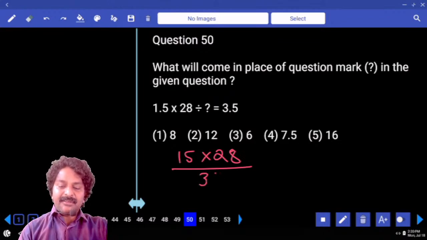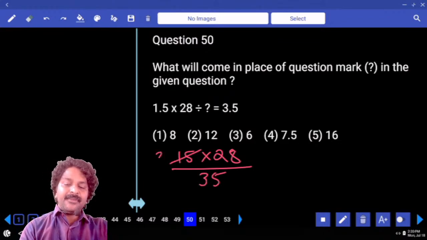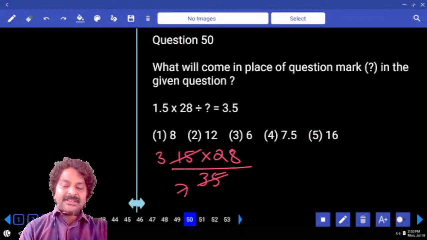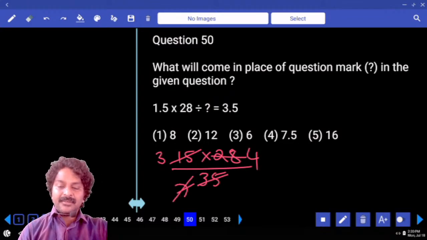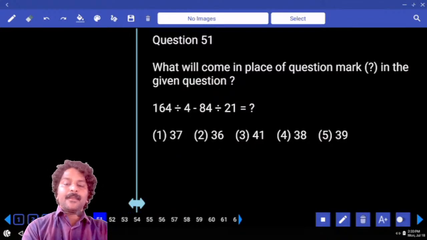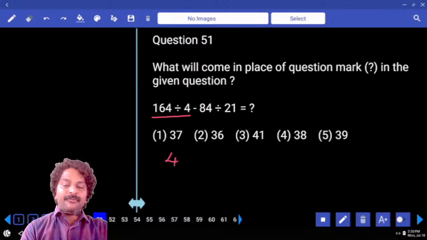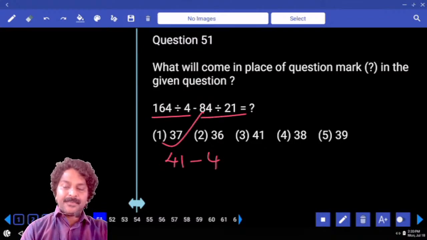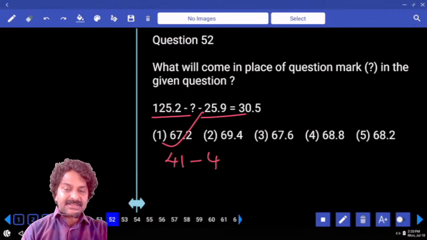Then x is equal to divided by 35. 5, 3 times. 5, 7 times. 7, 3/4, 12. How much is this fellow? 41 minus 4. Answer 37. Last digit is sufficient.